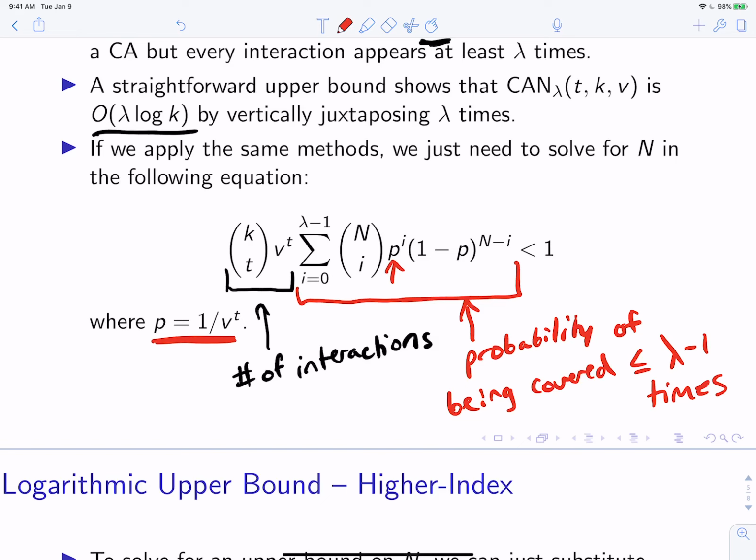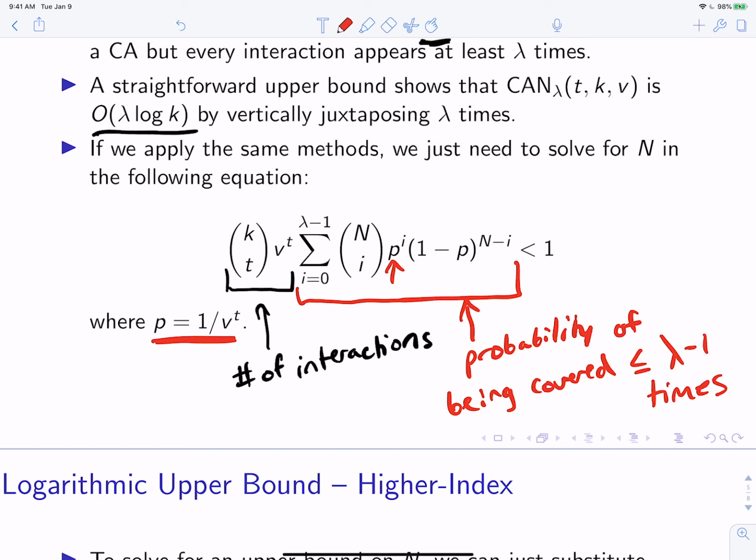It's the same thing as saying, if I make a bunch of coin flips with some probability p, what's the probability I have fewer than lambda heads? It's something similar to that.